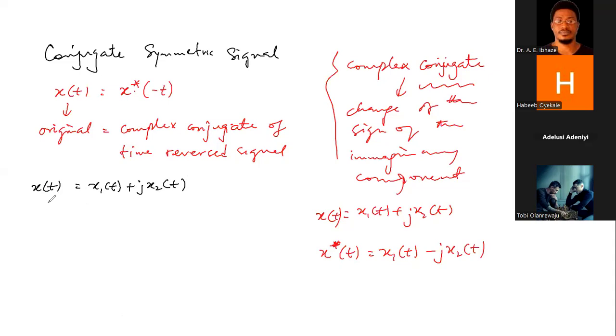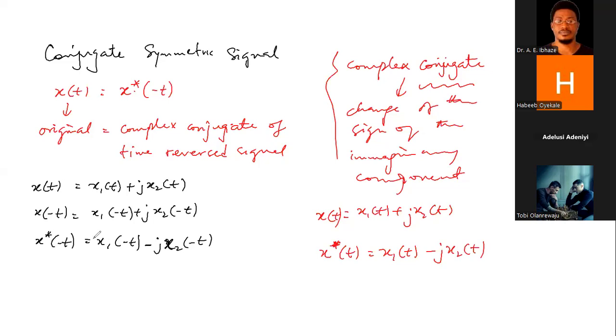If we perform the time reversal, that will be S of minus t, which is S1 of minus t plus j S2 of minus t. Then we perform the complex conjugate of this time reverse signal, which gives us S1 of minus t, the sign now changing from positive to negative, minus j S2 of minus t.